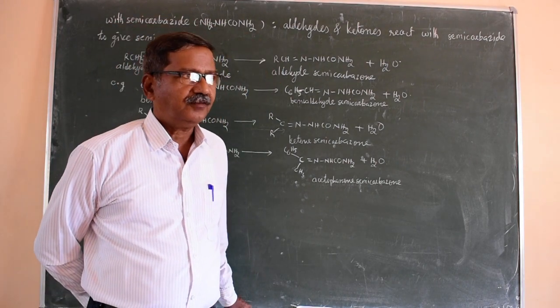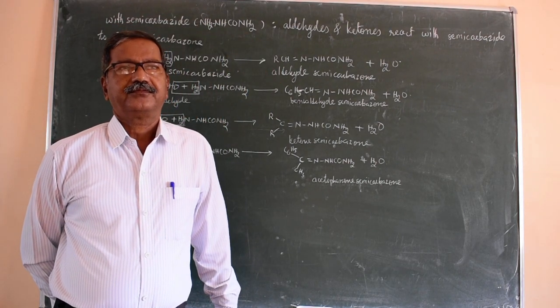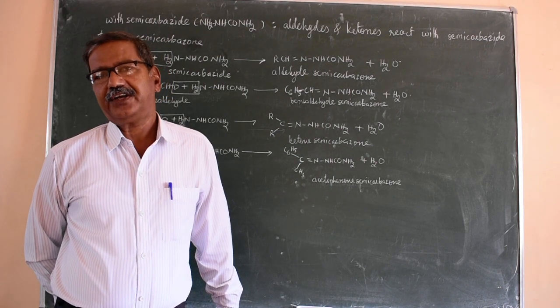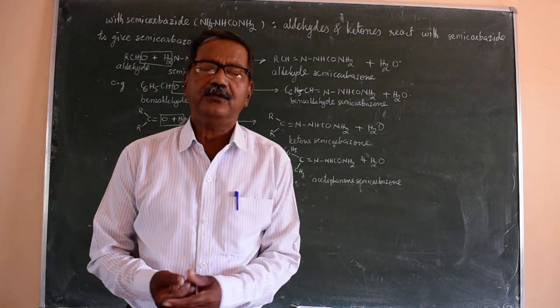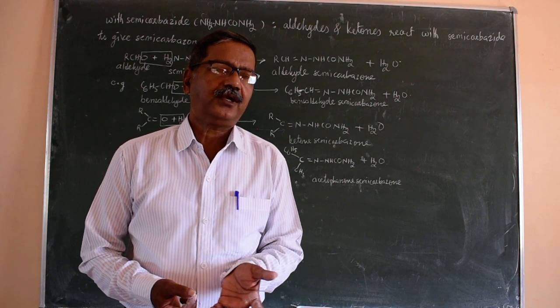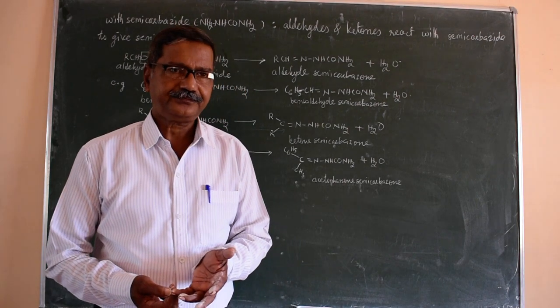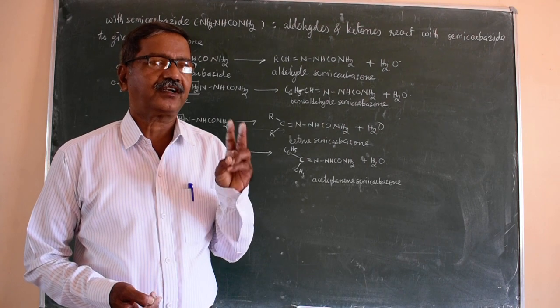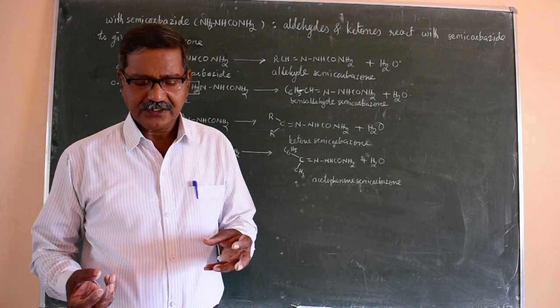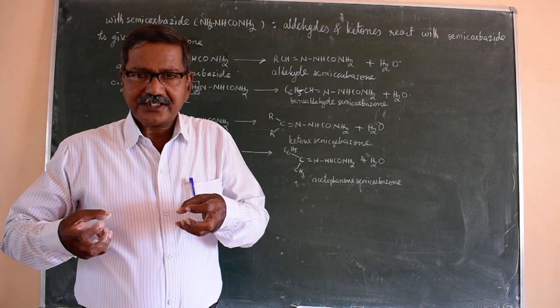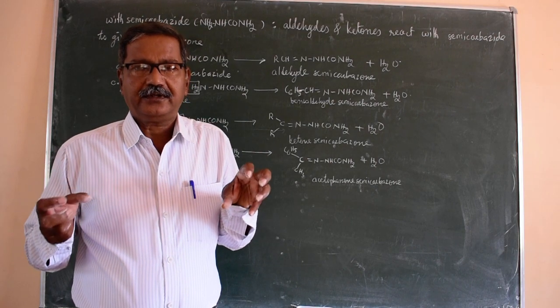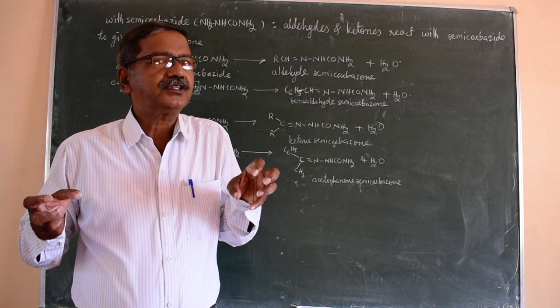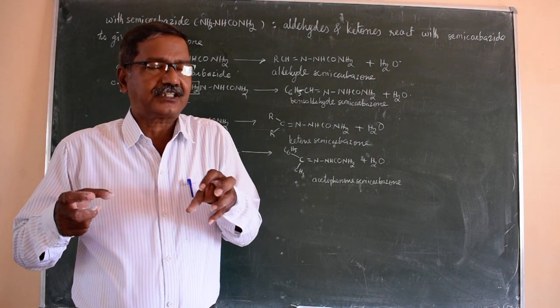Well, afterwards it is about the oxidation reaction of aldehydes and ketones. As we know, aldehydes are more reactive compared to ketones because of two effects already studied. One is that in ketone the carbonyl carbon is attached to two hydrocarbon groups, so there is hindrance.